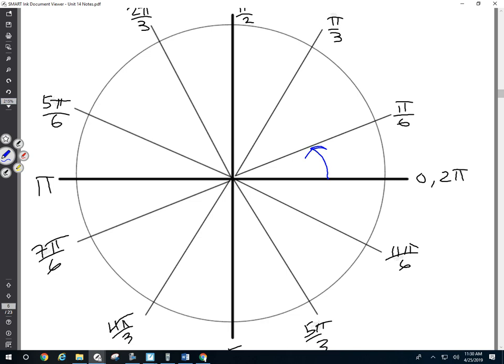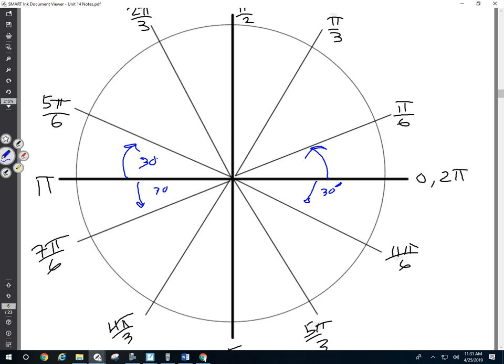Now, if I go over to this 5 pi over 6, this ended up being at 150. 90, 120, 150. How many degrees away from the x-axis are you? Oh, this is 30 degrees too. This 7 pi over 6, how many degrees are you away from the x-axis? 30. 11 pi over 6, 30 degrees.